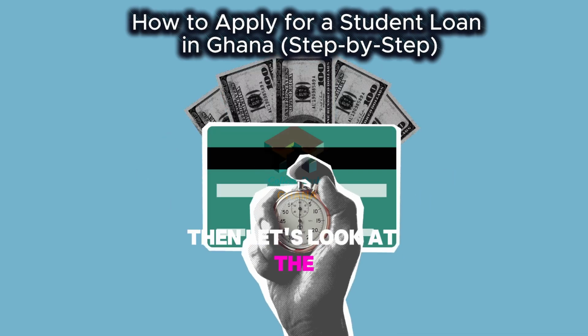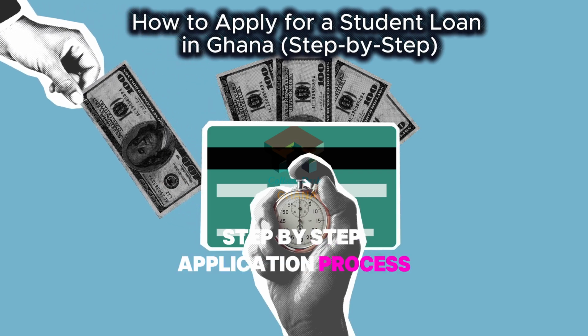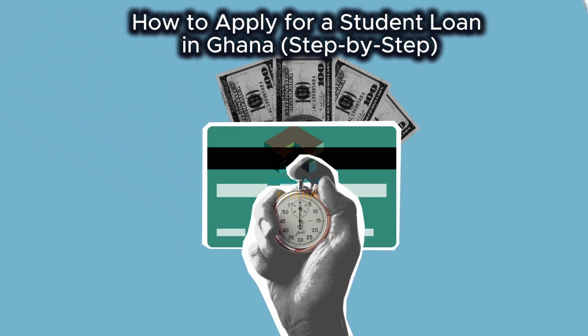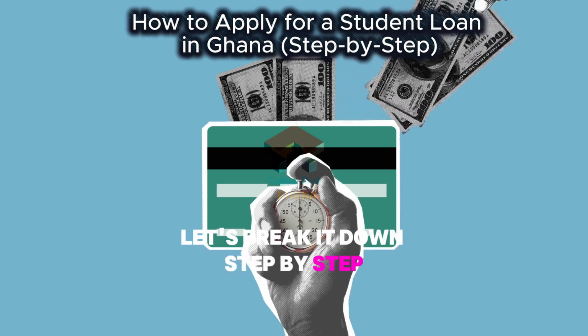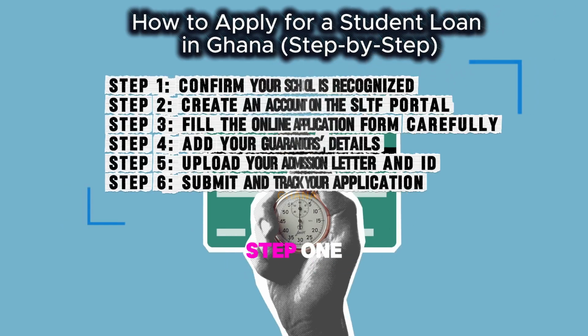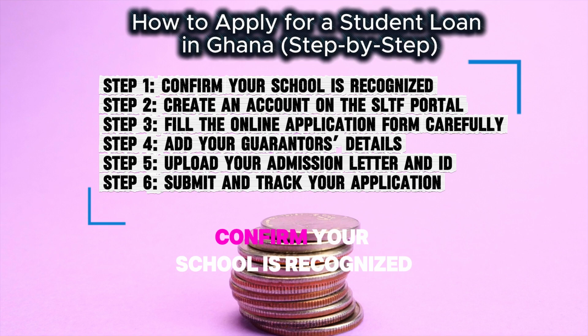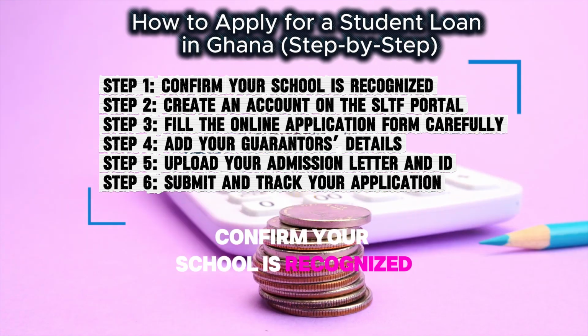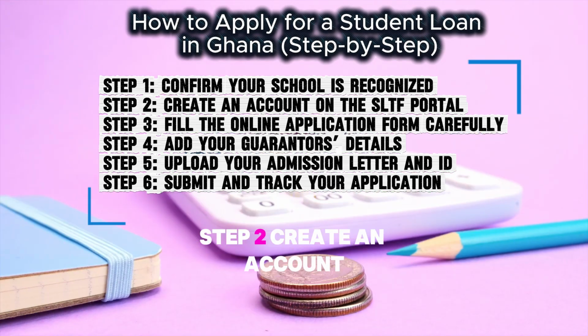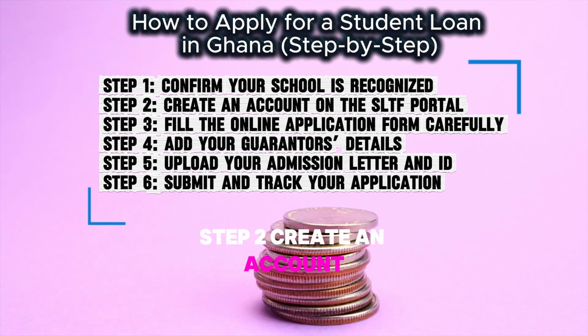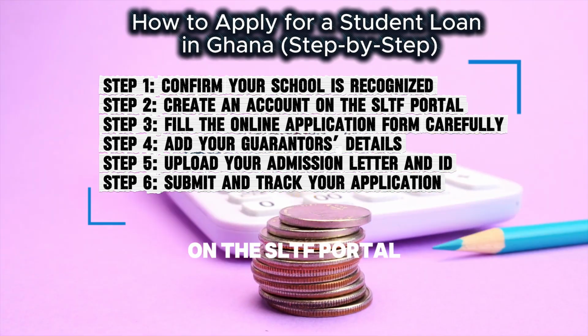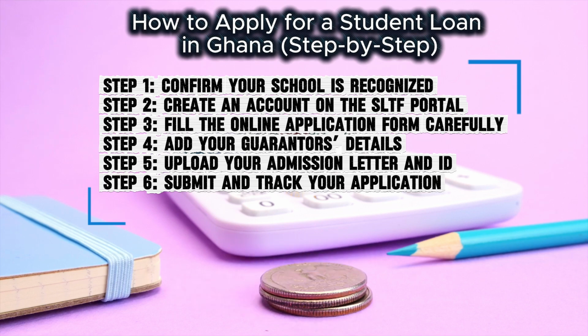Then let's look at the step-by-step application process. Let's break it down step by step. Step 1. Confirm your school is recognized. Step 2. Create an account on the SLTF portal. Step 3.